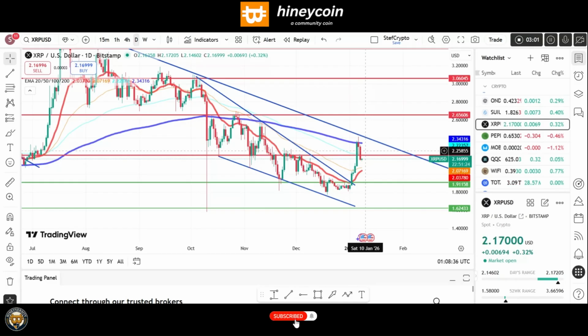And it will just depend now on which level will give first. If we lose the 20-day EMA, that means we are in a downtrend, and it's likely that XRP will drop in price. If it finds support, turns around, and manages to break through the 200-day EMA and our trend line that we posted here, that means it's a trend shift.